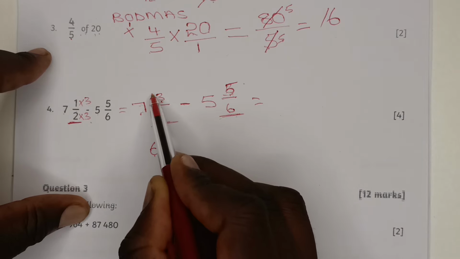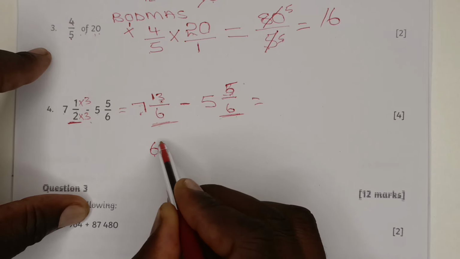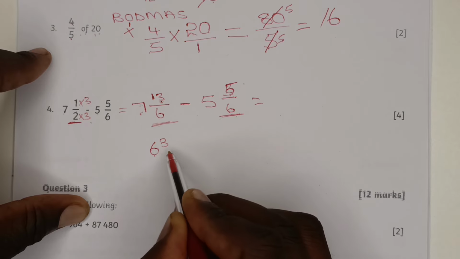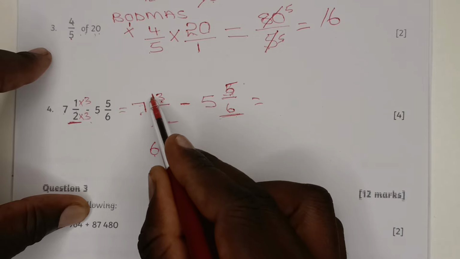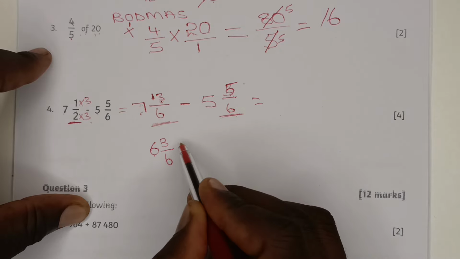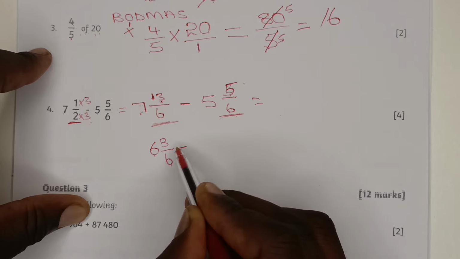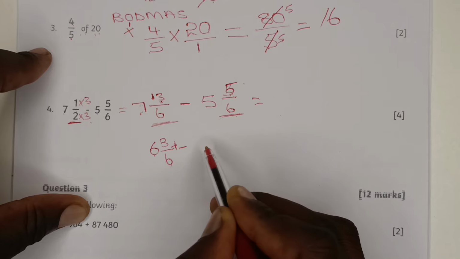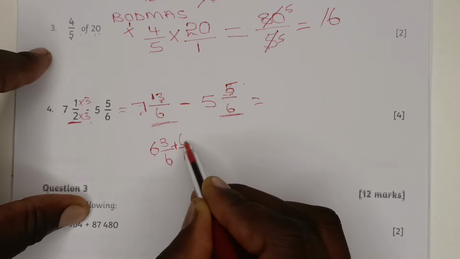So for us to add this 1 to this fraction, since we have got 6 as a denominator here and we want to add this 1 as a fraction, it is 6 divided by 6.